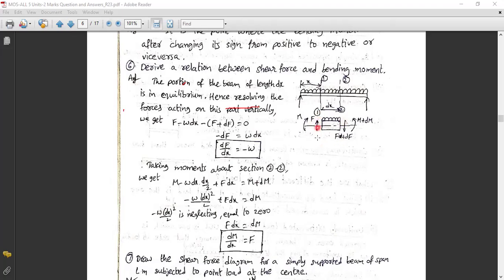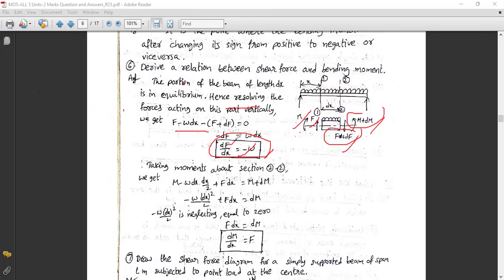If F is acting upwards, then F plus dF is developed in the downward direction. Likewise, M is there, then M plus dM is generated. If you do the subtraction here, you can get the formula dF by dx equal to minus w. F here means shear force.